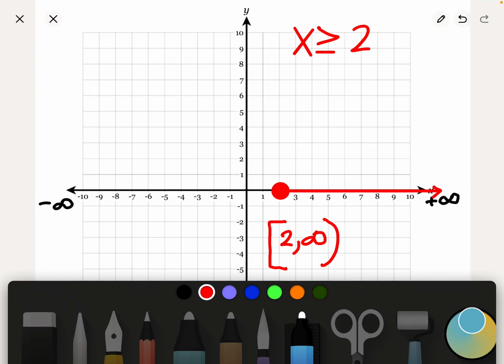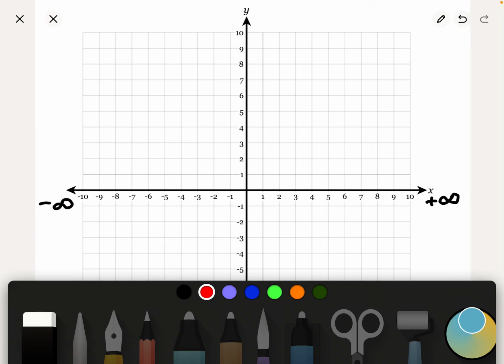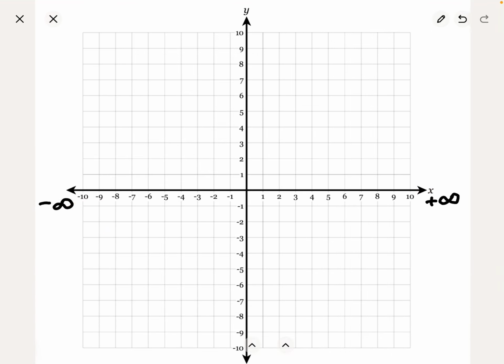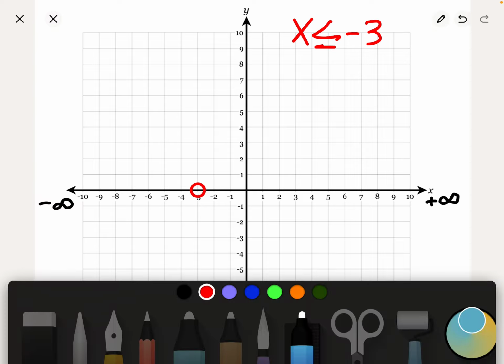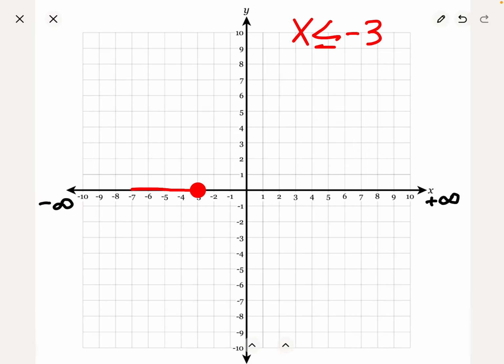All right, let's do a few more examples. So now I'm going to do x is less than or equal to negative 3. On the number line, I would go to negative 3, and I'm going to close that. And then I'm going to have an arrow going to the left.